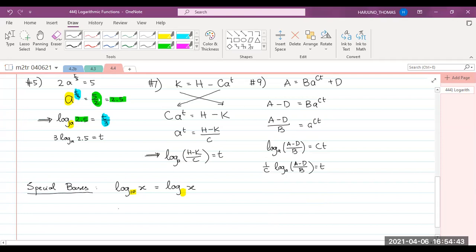Now, if the base is e, then it is usually written as natural log. In other words, natural log is a log with base e. That's what it means. Okay, special base, special notation.